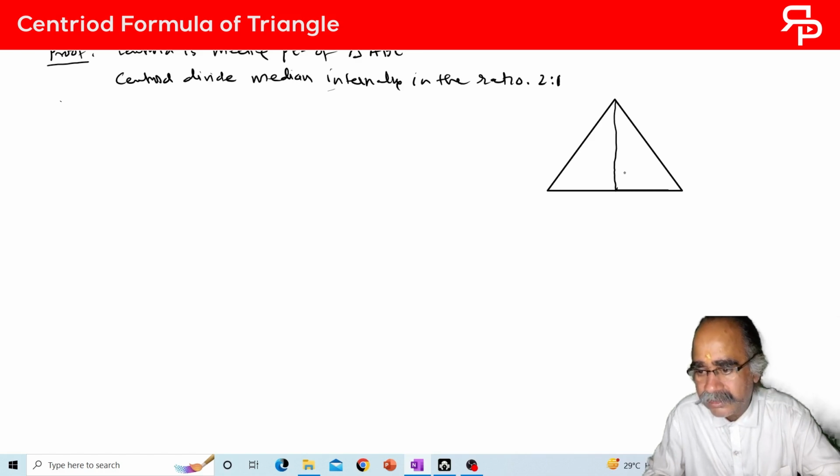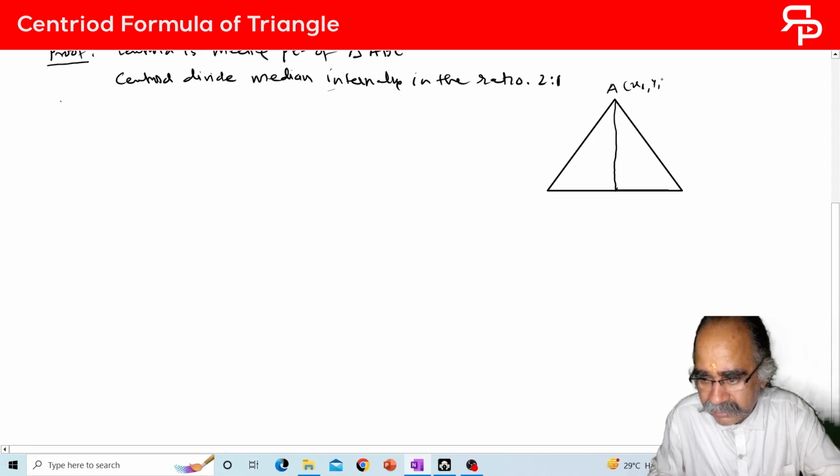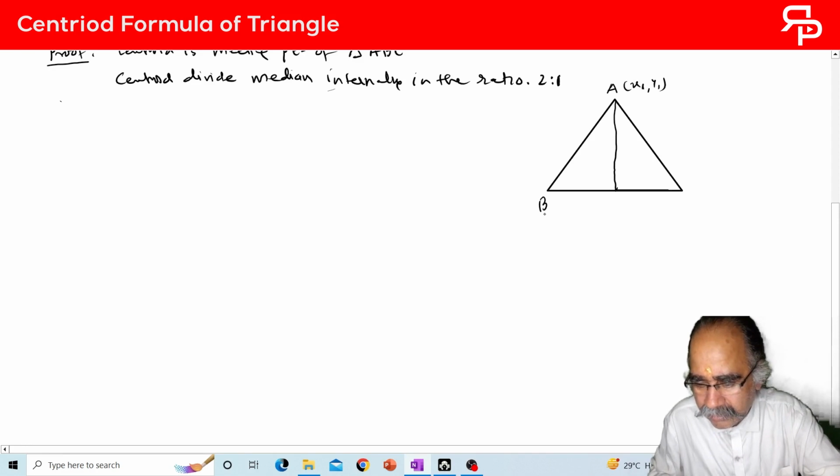Okay, let it be. Now this is triangle ABC. A has coordinate x1, y1. B has coordinate x2, y2.